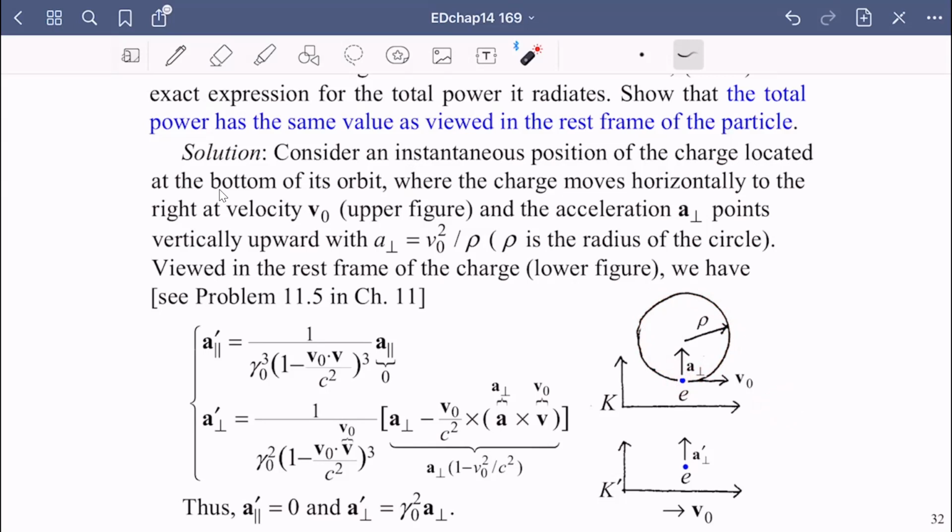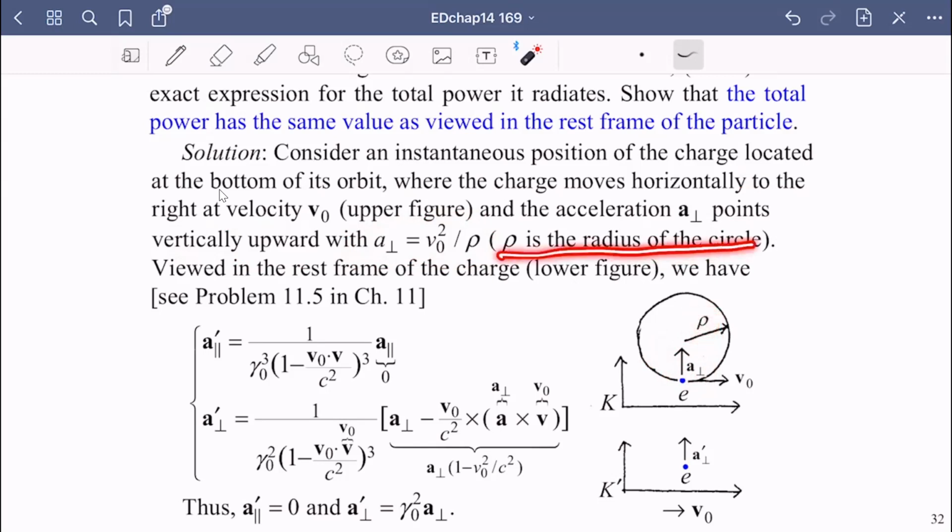So we have two quantities: velocity moving horizontally to the right with value v0, and the acceleration perpendicular, pointing vertically upward, v0 squared over rho. That's the acceleration a perpendicular, and rho is the radius of the circle.